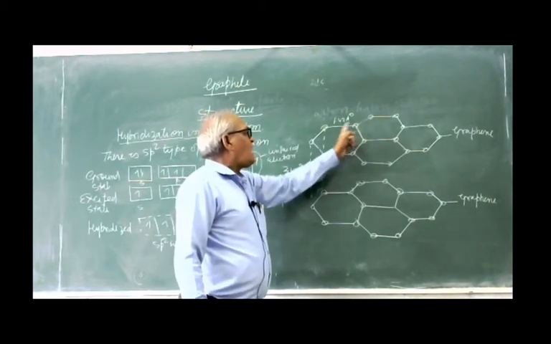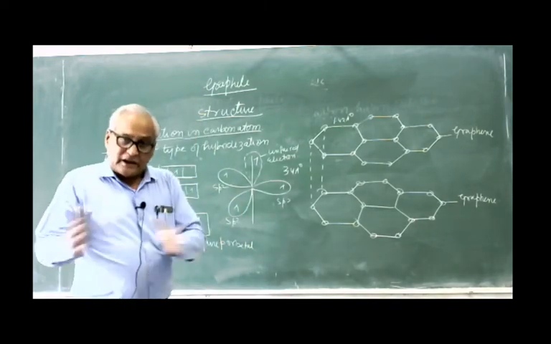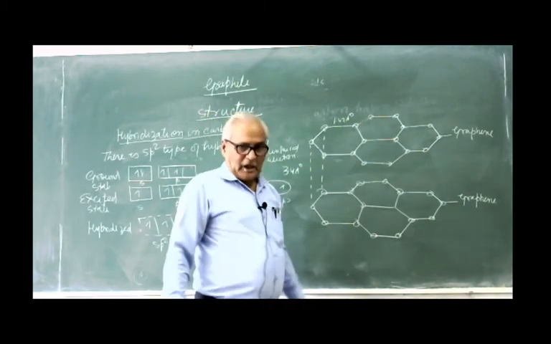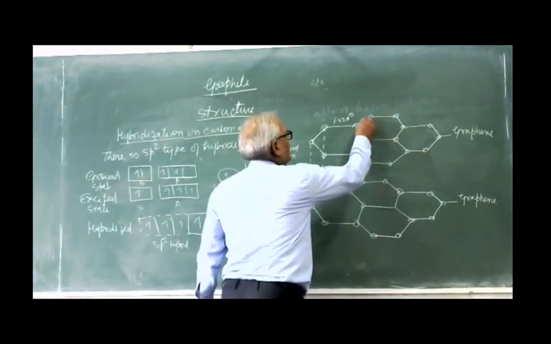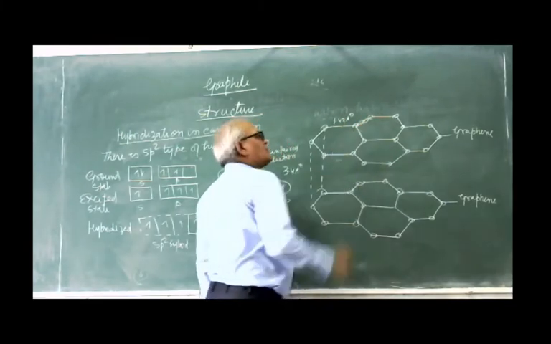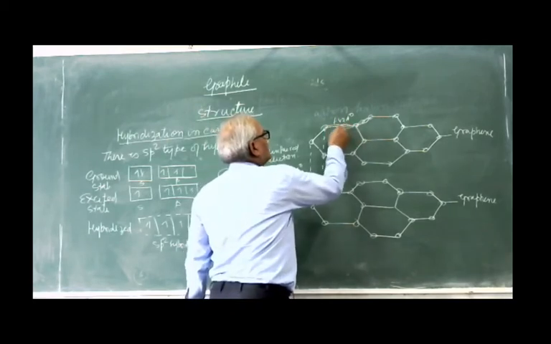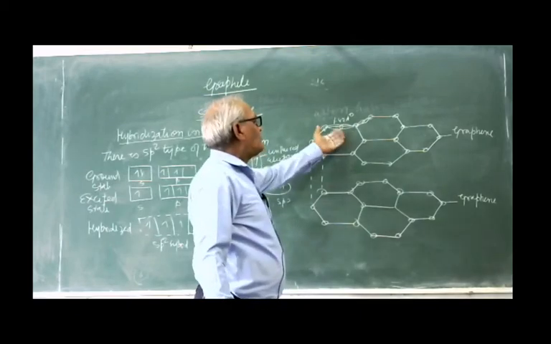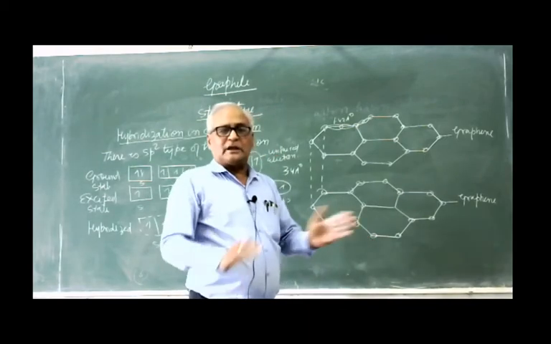So all three hybrid orbitals form covalent bond with the neighboring atom. This is the neighboring atom, this is the neighboring atom. So covalent bond is formed. Similarly, you can see here, like this hybrid orbital, it can form covalent bond. So there is a covalent bond formation between the neighboring atoms.